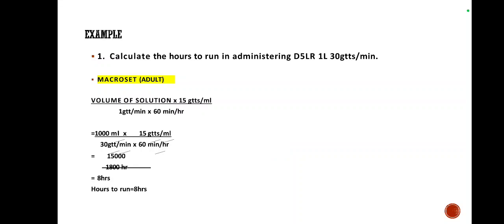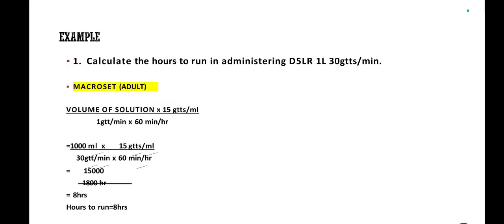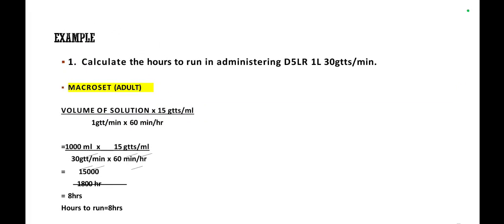For example, calculate the hours to run in administering D5LR 1 liter at 30 drops per minute. The volume of solution, you have to multiply by 15 drops per ml. Why? Because the set to be used is macro, so you need to use the drip factor, 15 drops per ml.